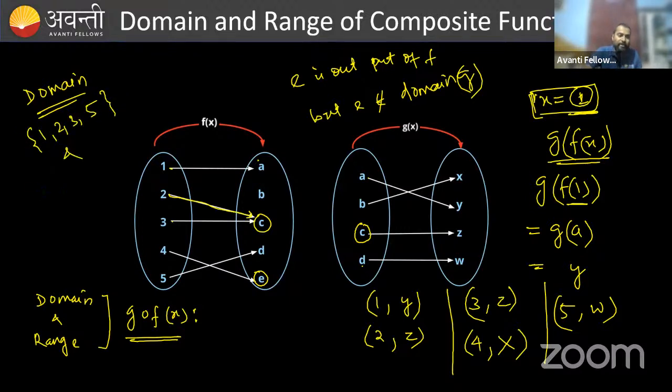And what is the range? The range is y, z, w. Understood or not? Is that clear to everyone, guys? Clear or not? Quickly say, is it clear to all?